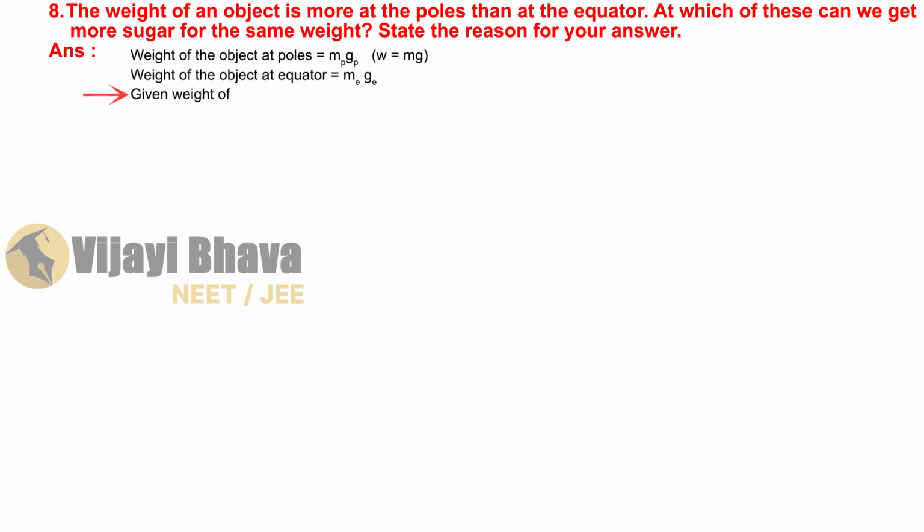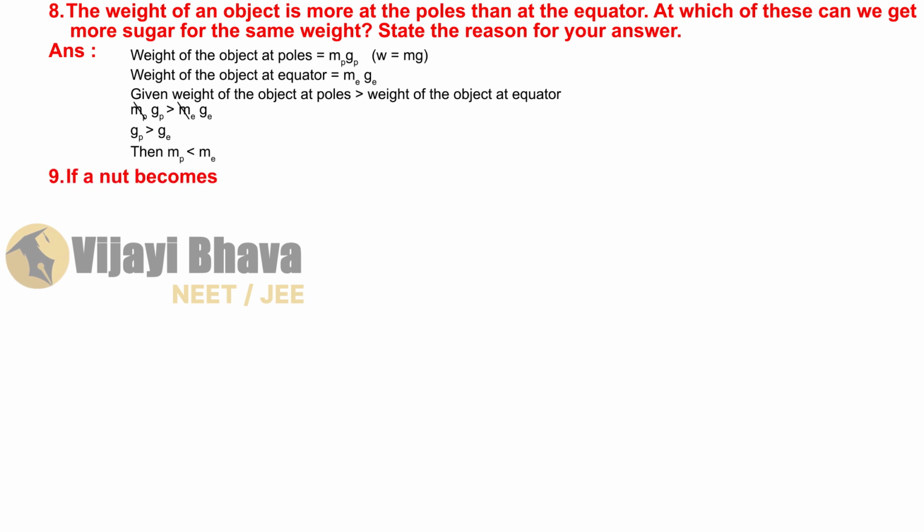Given weight of the object at poles is greater than the weight of the object at equator, because the acceleration due to gravity at equator is less than at poles. Hence, we can get more sugar at equator.